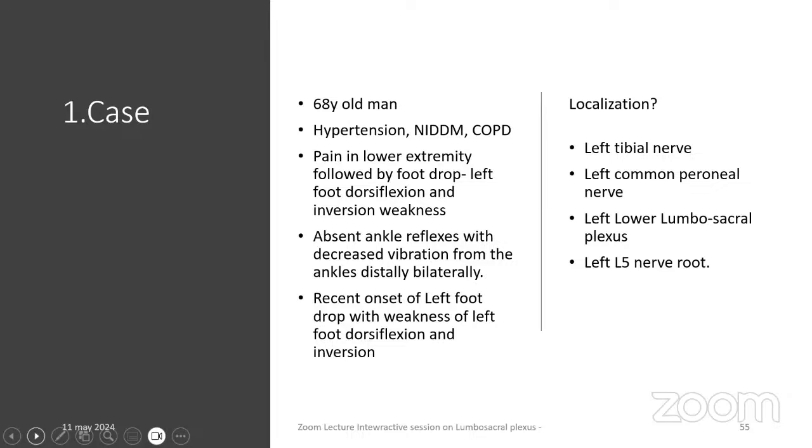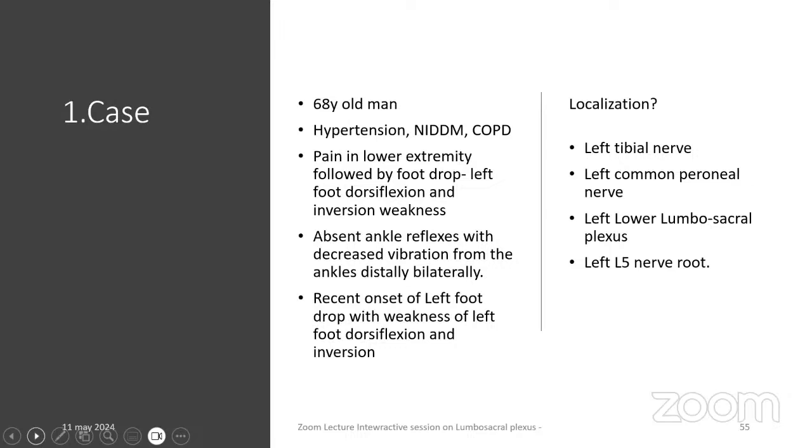A 68-year-old man with hypertension, diabetes, and COPD had pain in the lower extremity followed by foot drop, left side foot dorsiflexion and inversion weakness. There is absent ankle reflex with decreased vibration from the ankles distally bilaterally.